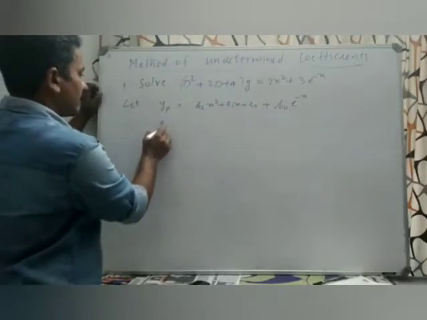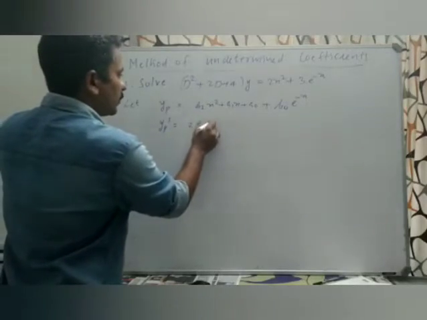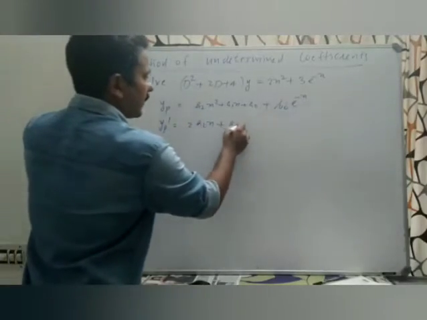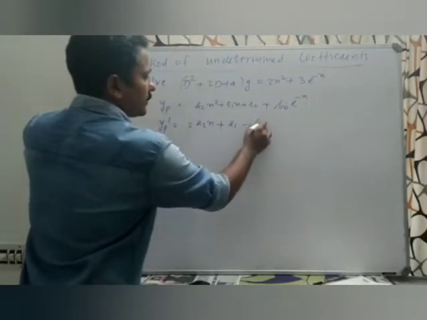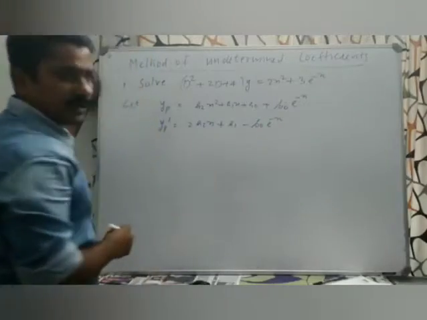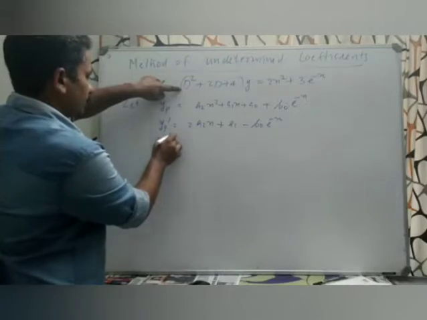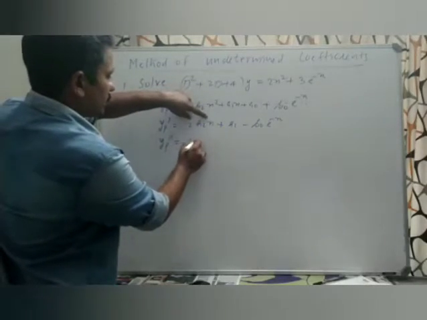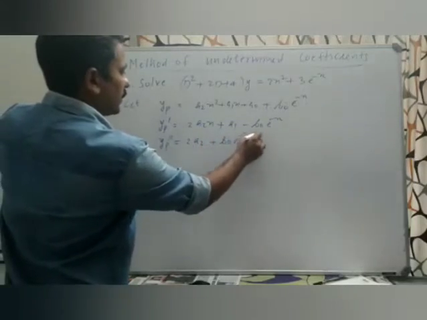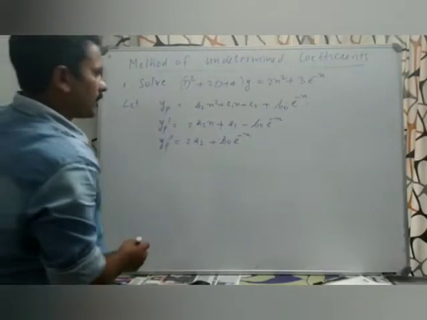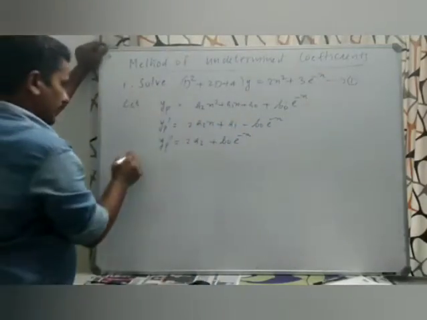So you calculate the first derivative yp dash, you'll get 2a2x plus a1 plus minus b naught e to the power minus x, and we need the second derivative also, and the derivative of this is 2a2 plus b naught e to the power negative x. Okay, we call this equation 1 and substitute these three in 1.